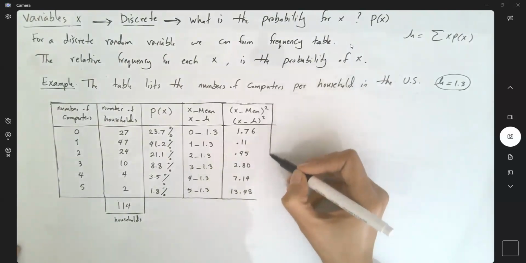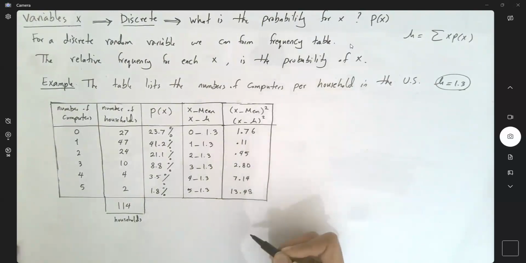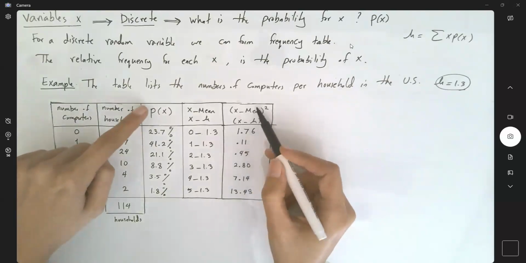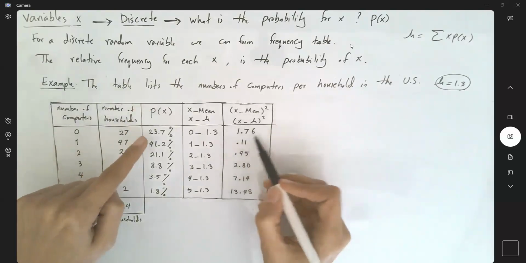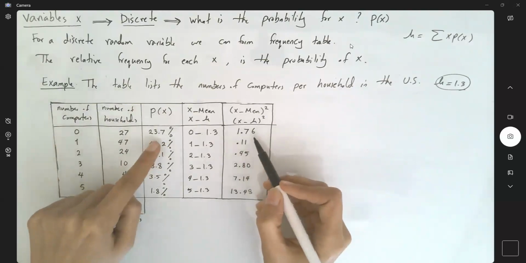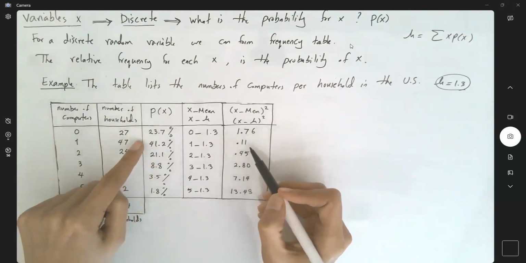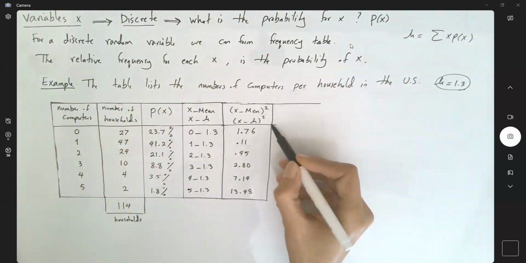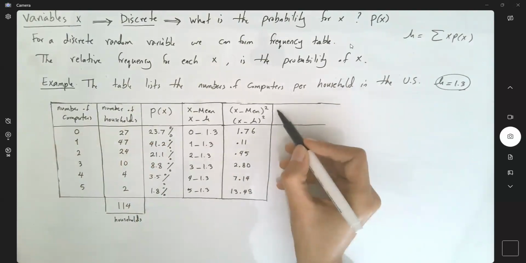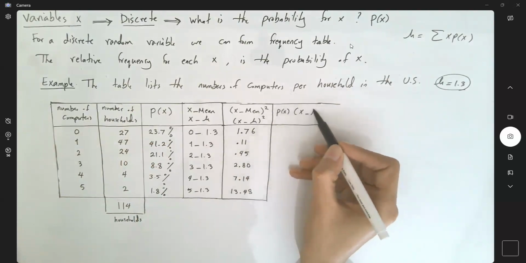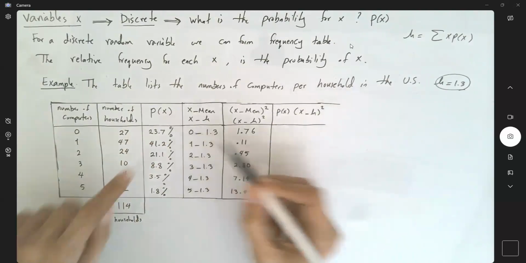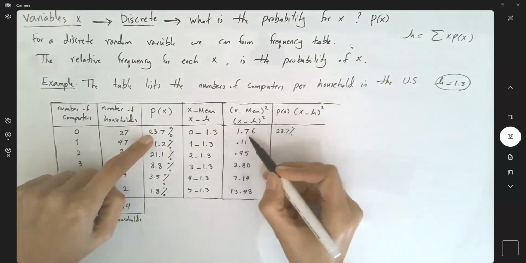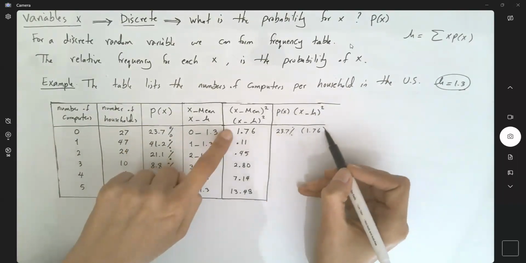After doing all these computations, you're going to multiply each one of these numbers by its probability. So you're going to multiply 1.76 by 23.7%, 0.11 by 41.2%, and so on. So you're going to form the next column, which is p of x times x minus mu squared. So again, we're going to take the probability, 23.7%, and multiply that by 1.76.